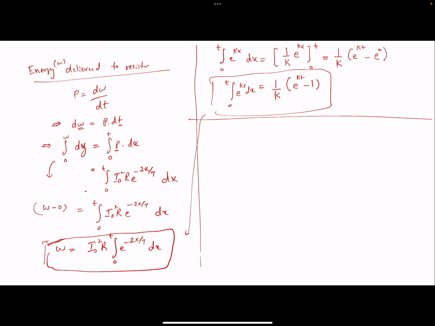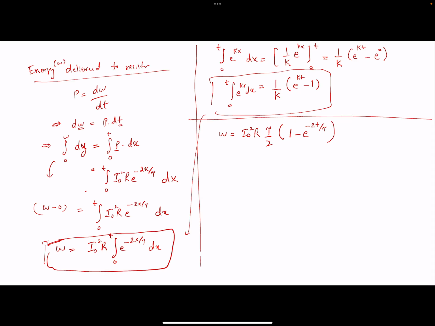So your work done comes out to be I naught squared times R, and again you have the same limits of integration 0 to t and minus 2x over tau, right? So essentially I naught squared R, and then you're going to get tau over 2, and then you're going to get 1 minus e raised to the power minus 2t over tau.